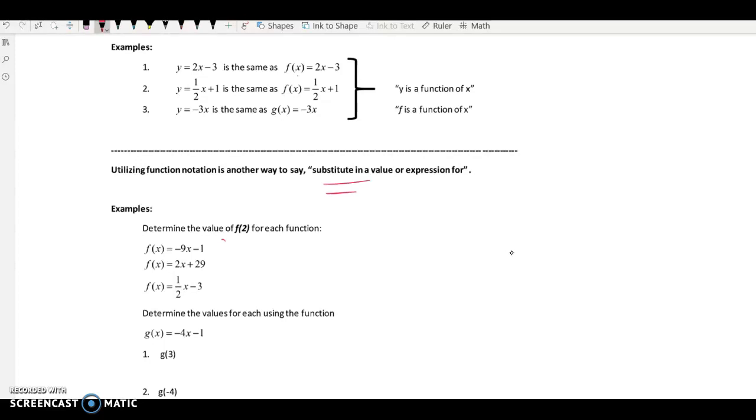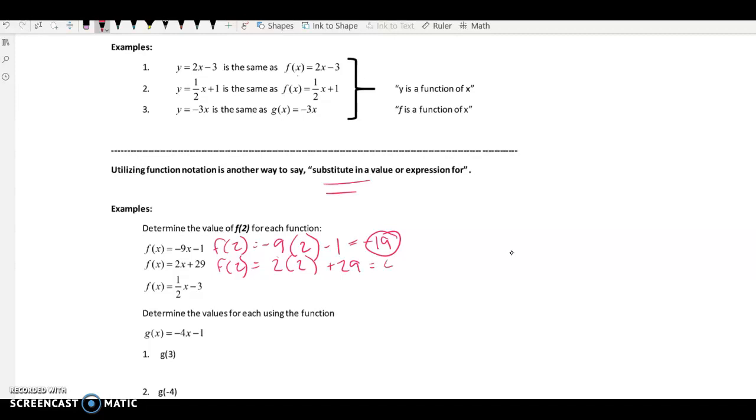So when I do that, I'm going to say, okay, f of 2 is equal to negative 9 times 2 minus 1. I know negative 9 times 2 is negative 18. Negative 18 minus 1 is negative 19. All right, this next one, f of x, if I do f of 2, I'm going to substitute 2 in, so I get 2 times 2 plus 29.